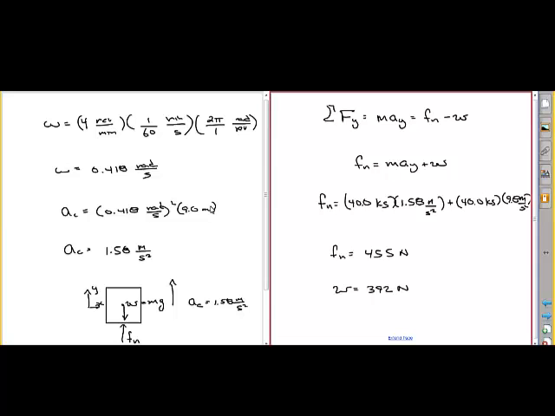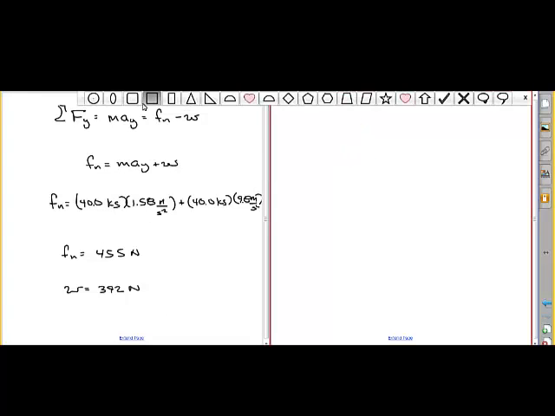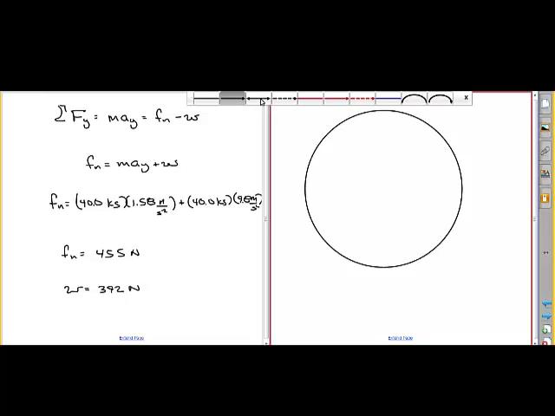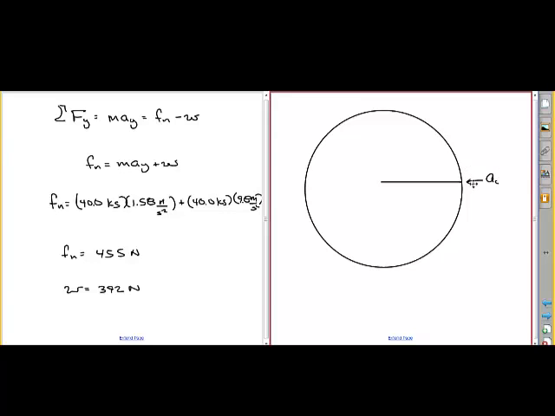This is: what force does the seat exert on the child when the child is halfway between the top and the bottom? Well, let me draw the picture again. If you're here and you draw your radius from there, at this point you have a centripetal acceleration in this direction, and then you have your weight, which is pushing down here.